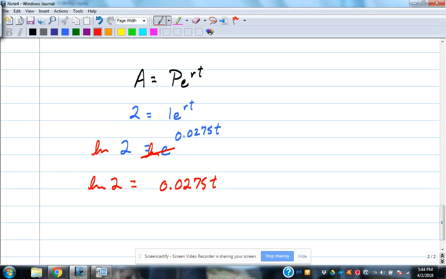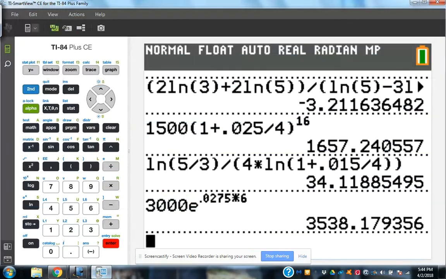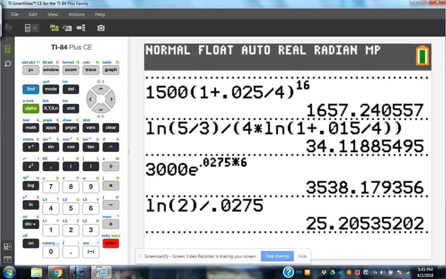How do I get t by itself now? Natural log of 2 divided by 0.0275. What is that? 25.21ish. 25.21 years.